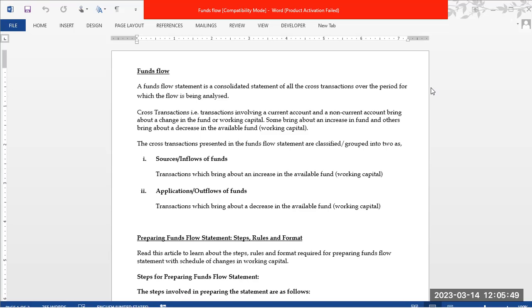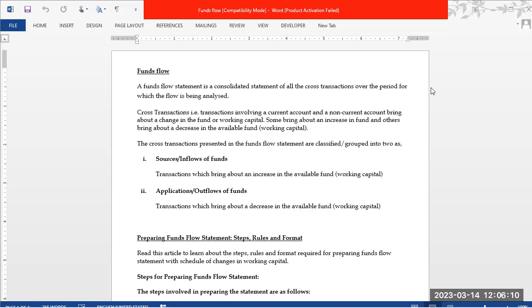So in simple terms, a cross transaction just involves a change in funds or working capital. Some bring about an increase in funds and others bring about a decrease in the available funds, which is also referred to as working capital.